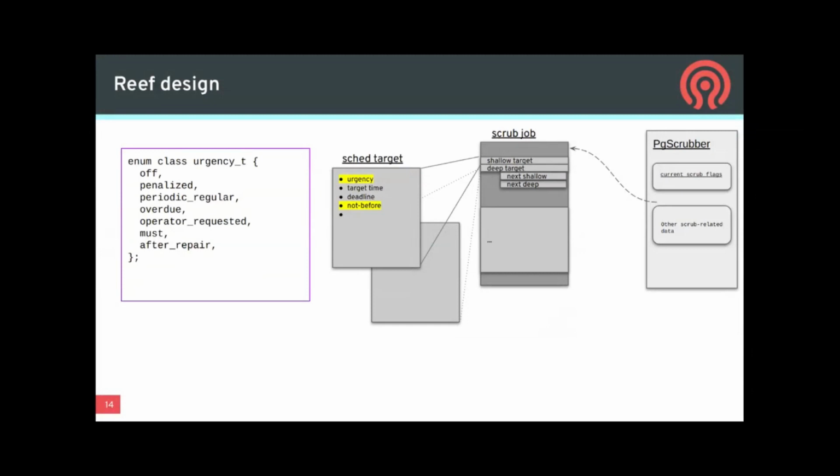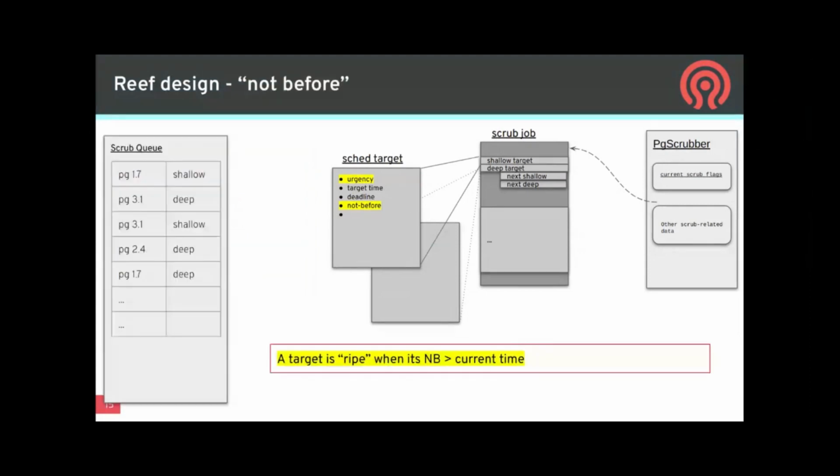Okay, and the not before. Not before is a time point, and that is set for each target, each scheduled target, and will prevent this target from being scheduled until it is reached.